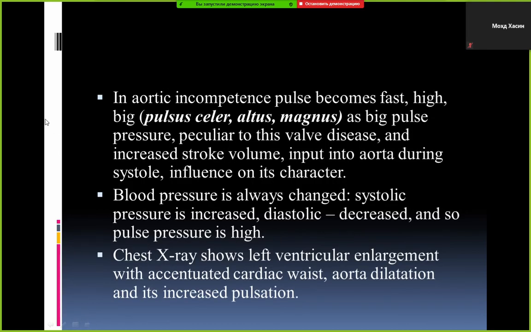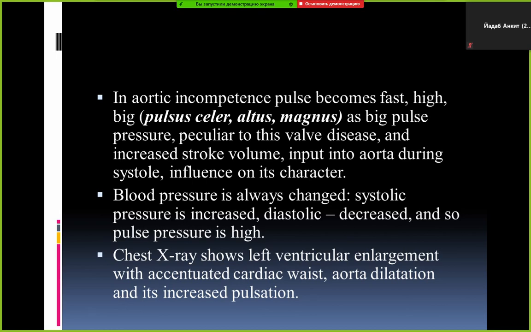In aortic incompetence, the pulse becomes fast, high, and big. In Latin it is called pulsus celer, altus, and magnus. Big pulse pressure means a big difference between systolic and diastolic pressure.